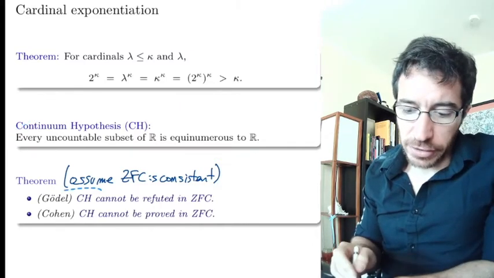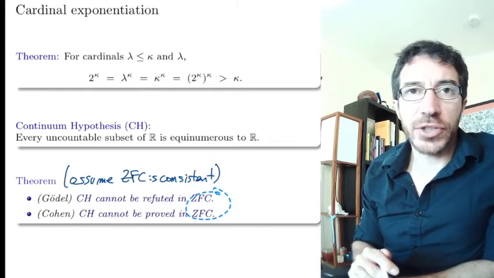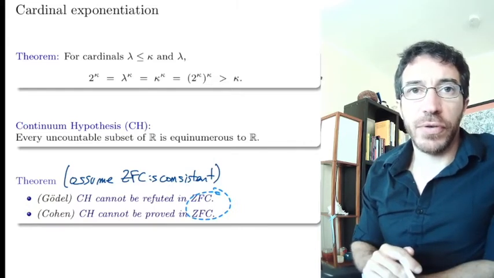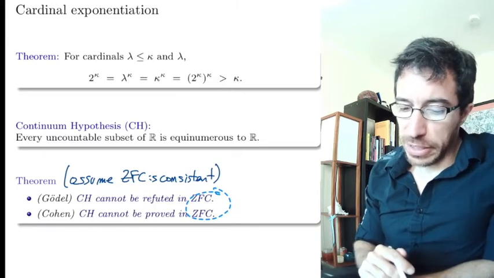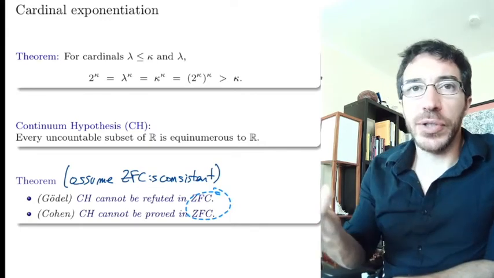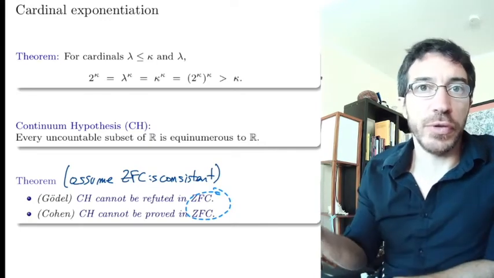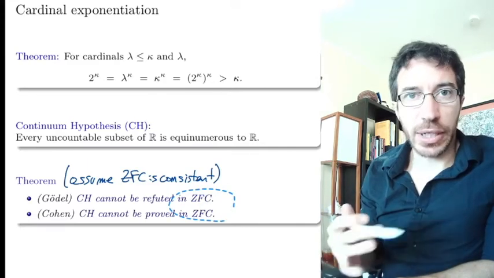ZFC is some set of axioms, but who's telling you that this is all the axioms? Maybe there are other natural axioms that we haven't found yet. Or maybe some other way of thinking about this will argue that CH should be true or should be false. So there is work in set theory trying to analyze that.